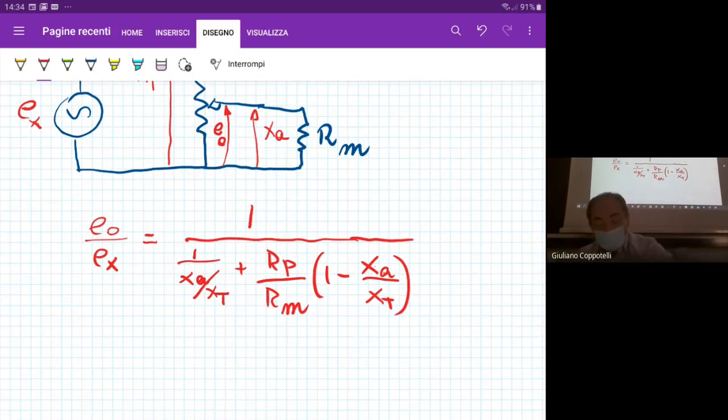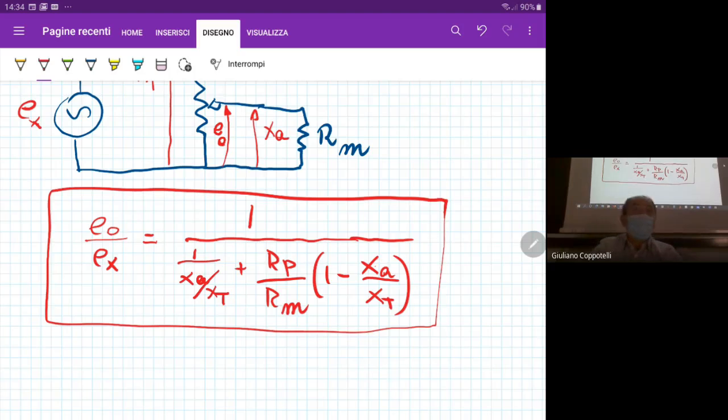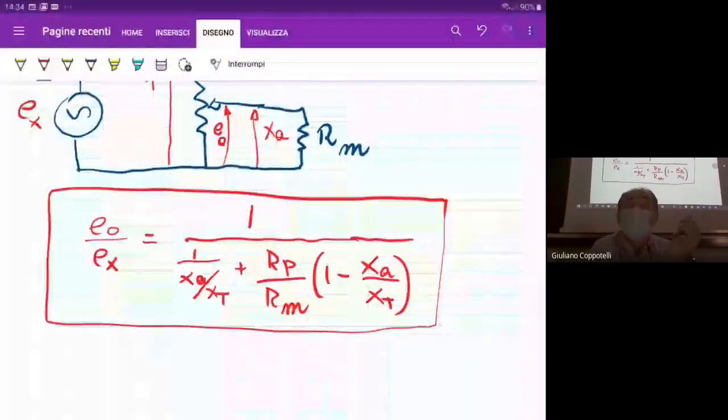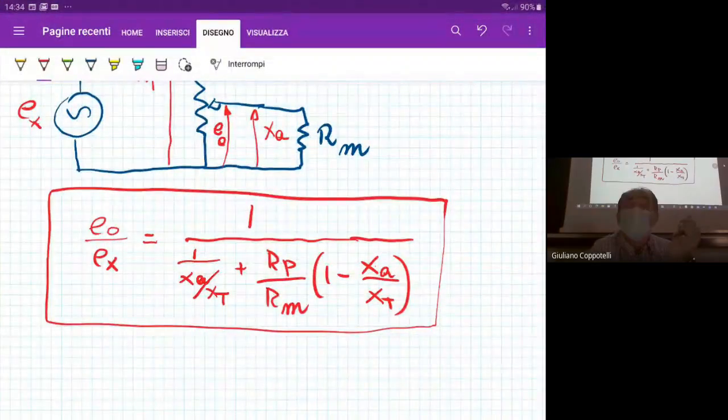And this equation is telling you the relation between the output tension that you are going to measure, EO, with respect to the unknown deflection, XA. That is the actual one. That is your input.